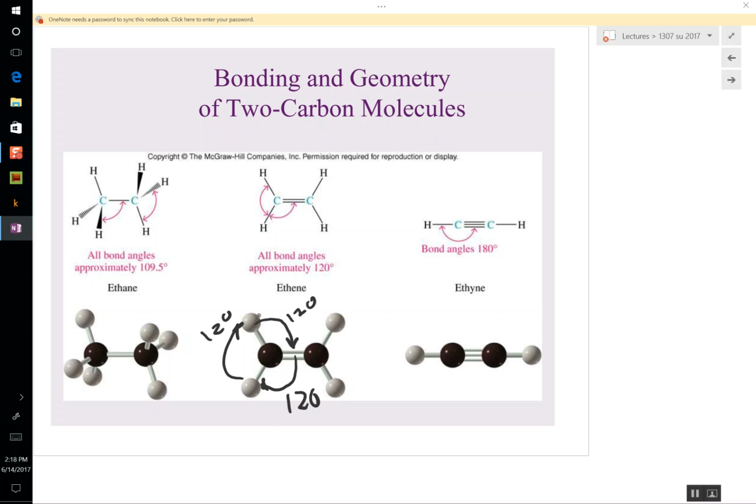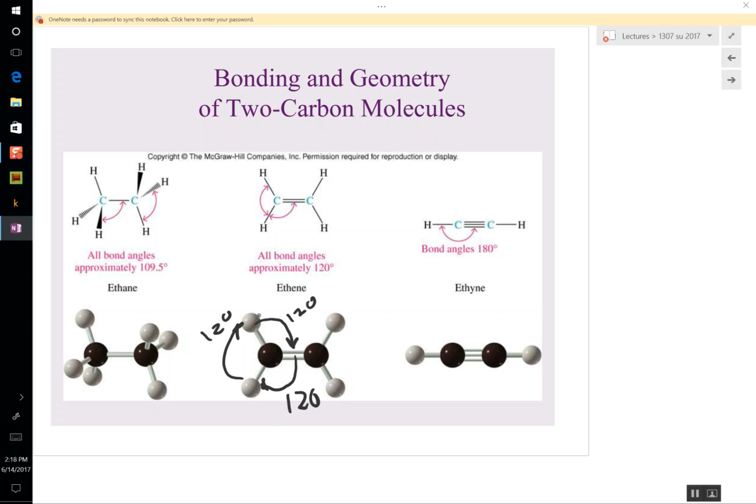All 6 of those atoms are in the same plane. So it's flat, and then you have 120-degree bond angles.